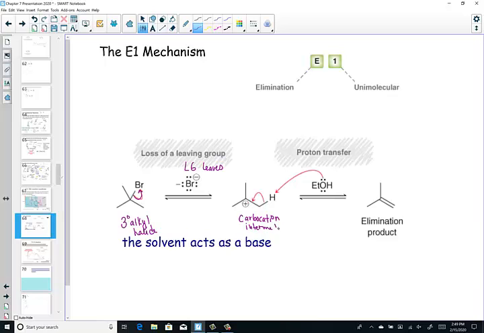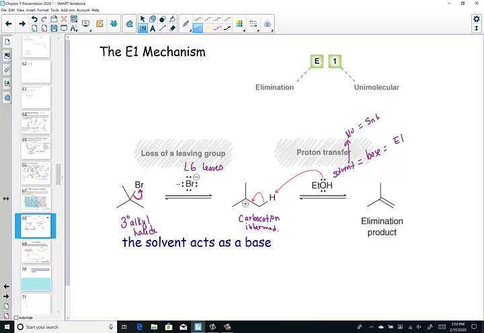Now, if the solvent is EtOH, and remember, if it acts as a base, we undergo elimination. If the solvent acts as a nucleophile, we undergo substitution. That's just the difference here, and these are competing reactions.